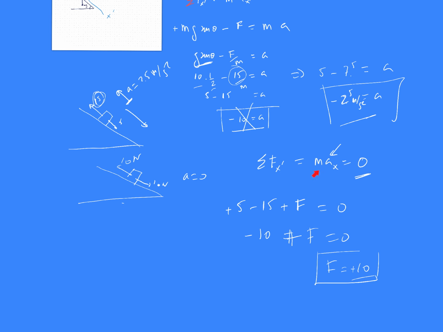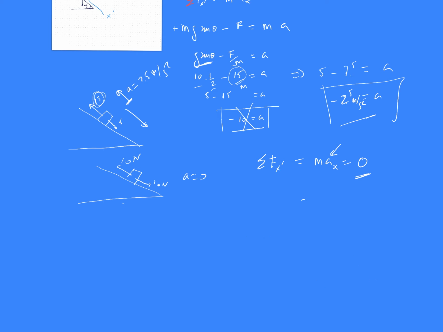The sum of all the forces equals the mass times the acceleration. Forces going downwards is the mg sine of theta, that is the 5, mg cosine of theta, so I made a mistake here. Let me correct.